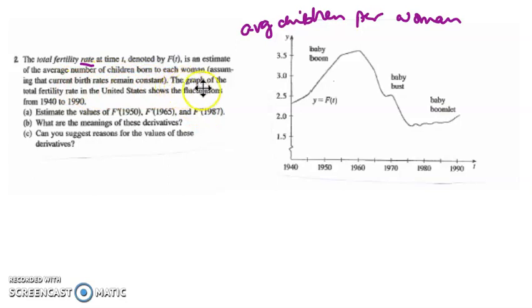So we are saying the graph of the total fertility rate is from 1940 to 1990, and they want you to first estimate the value f prime of 1950. Well, that just means take a look at the slope right here.